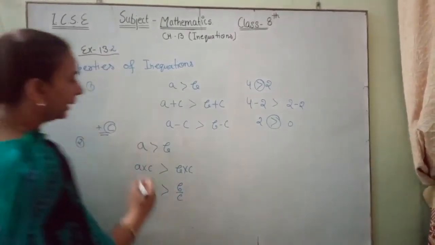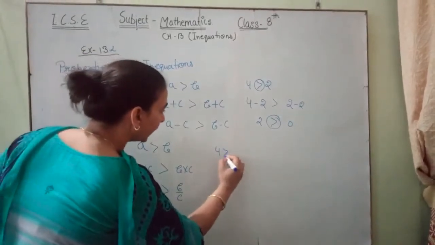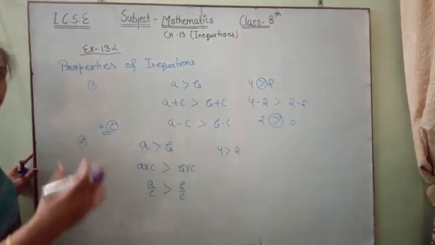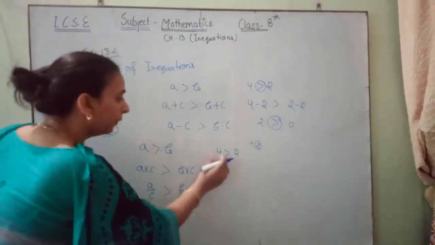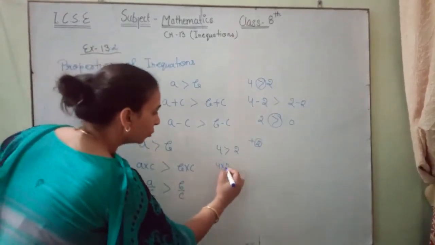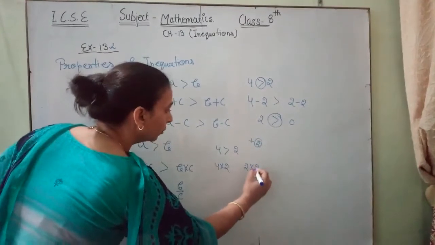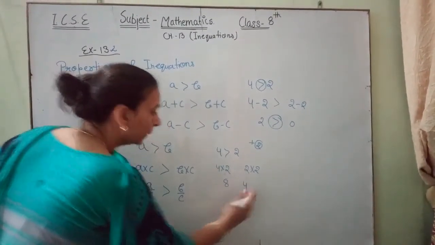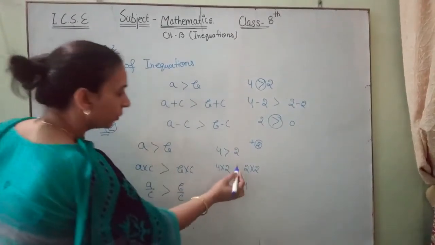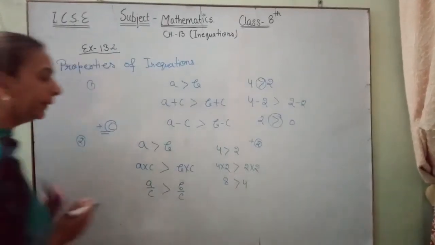For example, we know that, student, 4 greater than 2. If we take a positive number 2 and multiply, 4 multiply 2 is 8, and 2 multiply 2 is 4. 8 is greater than 4, so the sign is the same. Okay?